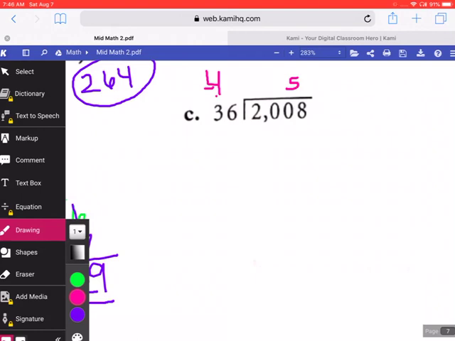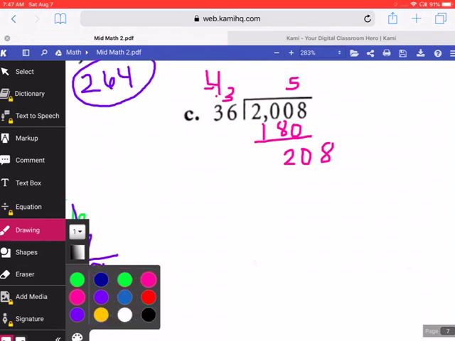So 5 times 6 is 30. And 5 times 3 is 15 plus 3 is 18. Okay, and that's going to leave us with 20 left over, which is less than 36, so that would be correct. Now again, we've got 208.